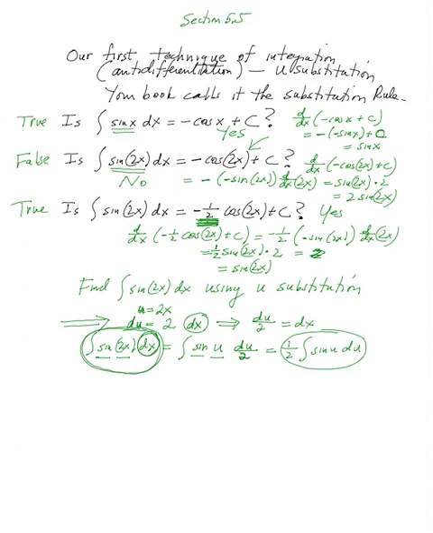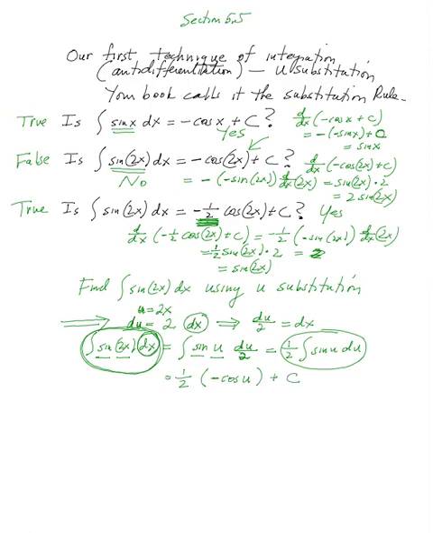It's just that this one over here on the right is simpler, because if the independent variable is u now, what do you differentiate with respect to u to get sine u? What do you differentiate with respect to u to get sine u? Isn't it just negative cosine u plus a constant?